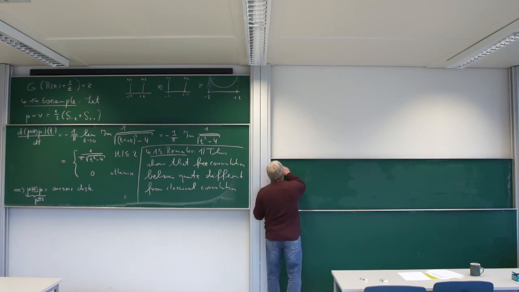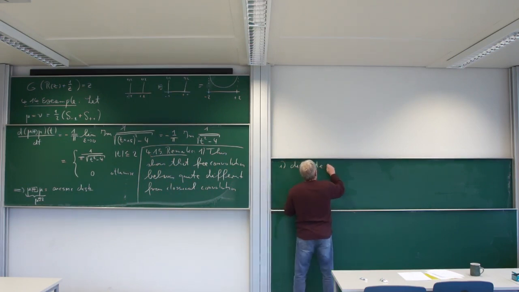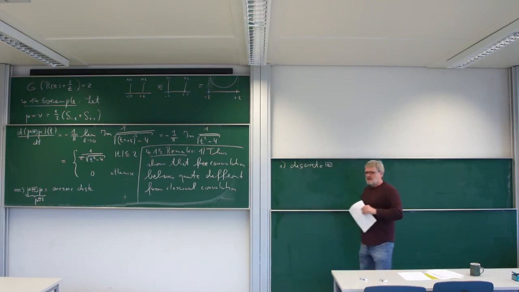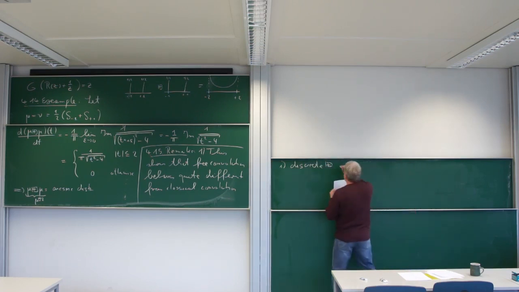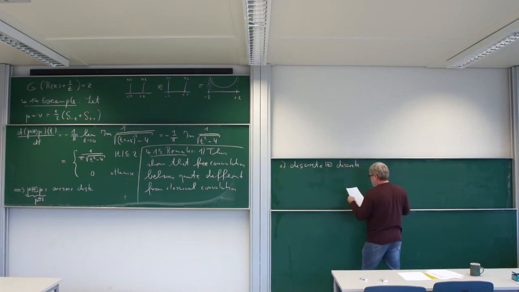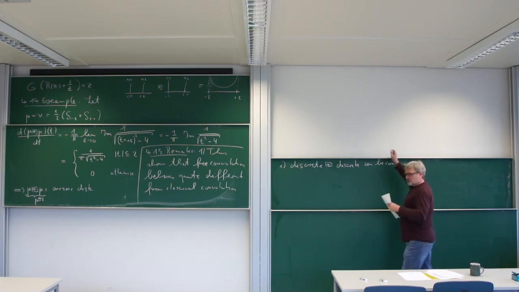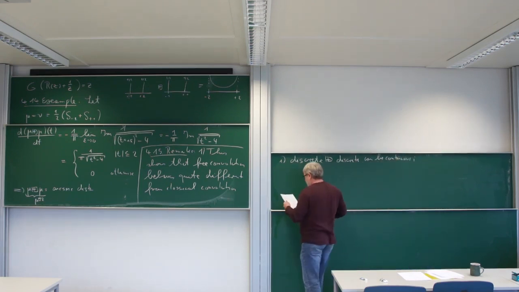For example, what we see here in this case, it can happen that if I take the free convolution of a discrete measure with another discrete measure, as I did in this case, this can be continuous. So atoms disappear. And of course, in the classical case, this does not happen.